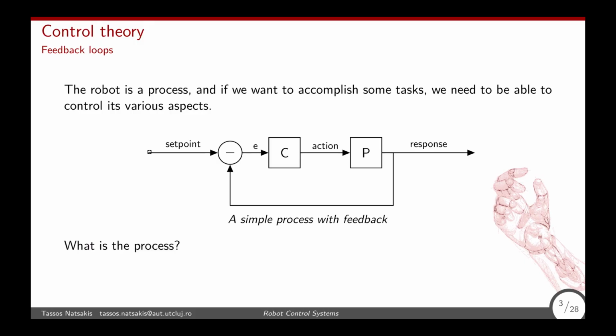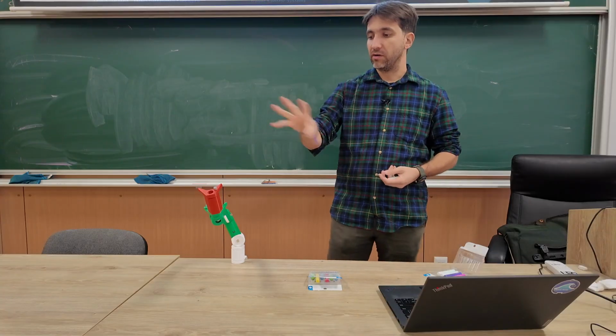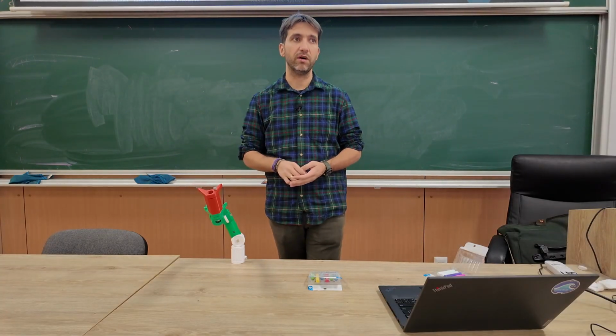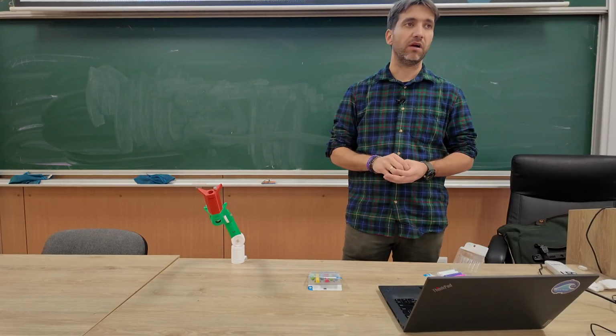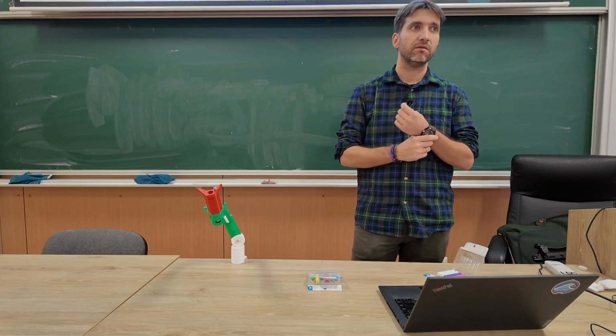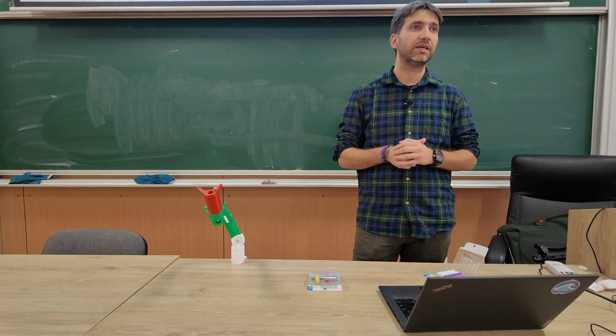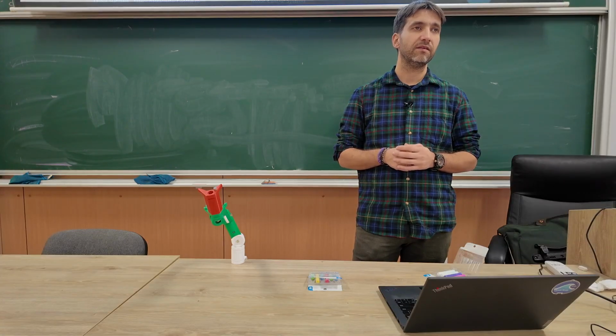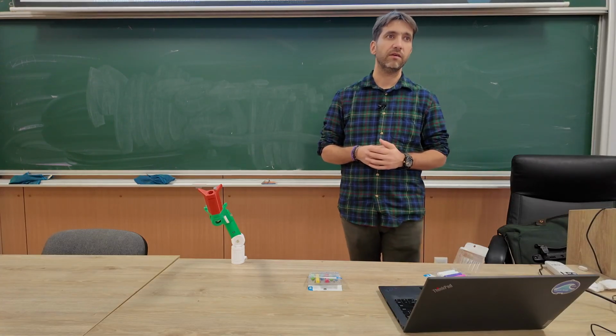So in our case, what is the process? What are we trying to control? Say we have the robot and we want to follow one of the trajectories we talked about in the past. What would be the process? Maybe we are trying to control position, or maybe the force, or maybe the velocity.